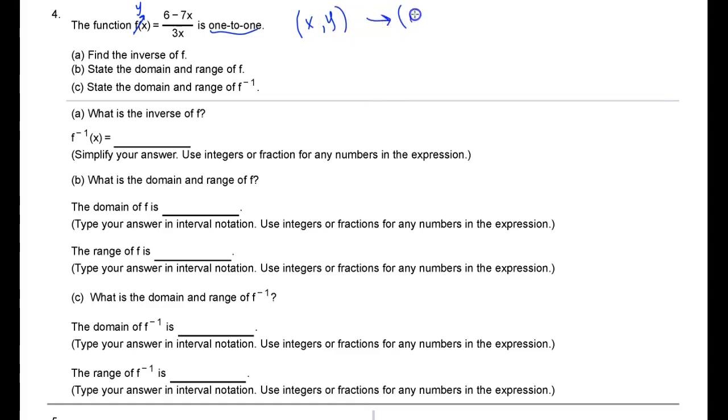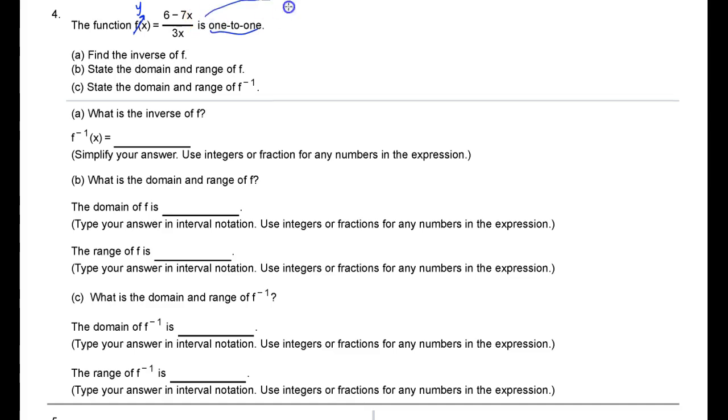So in turn, if we were to flip or interchange the x and y coordinates for a relation that was a one-to-one function, then the result we would get, graphically or in a mapping or in a set of ordered pairs, would still end up being a function. Okay, so that's why we need to interchange the positions of x and y here.